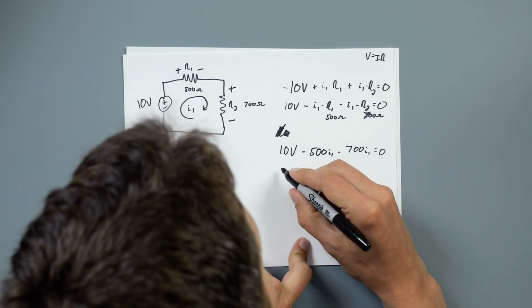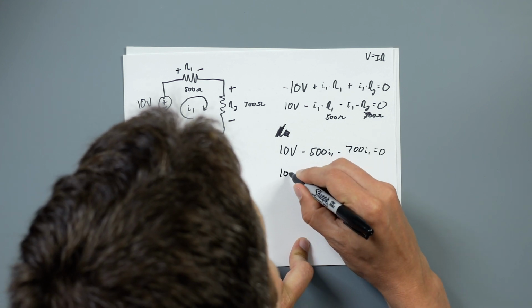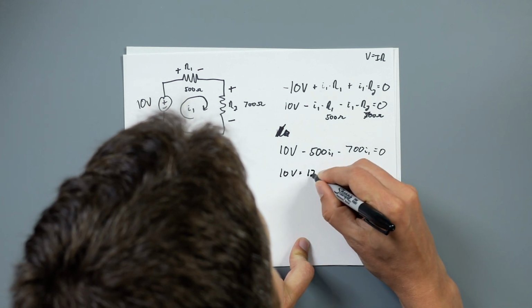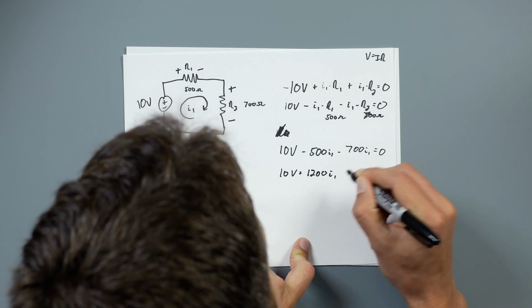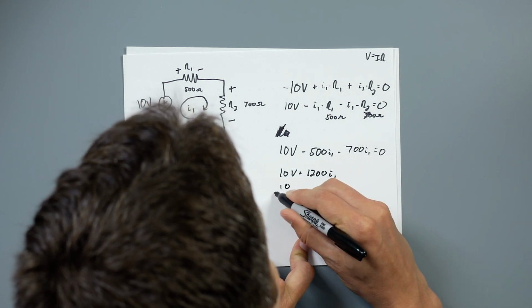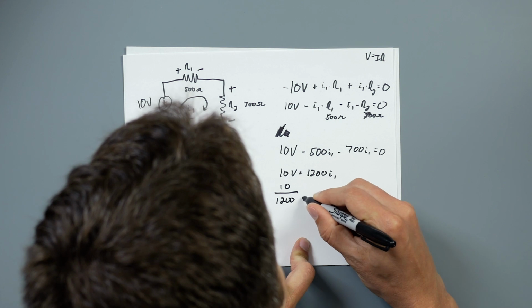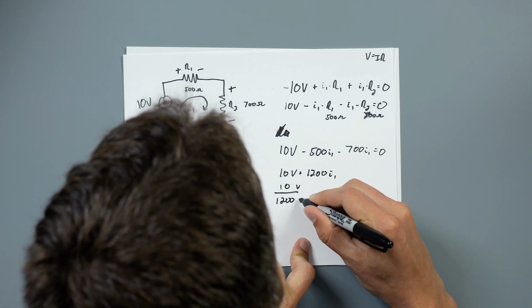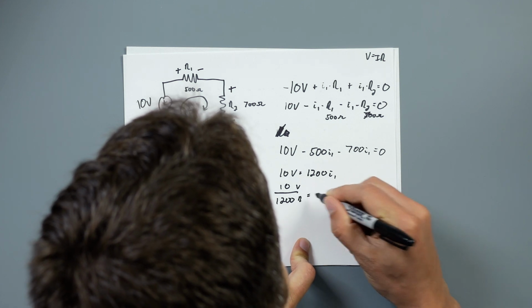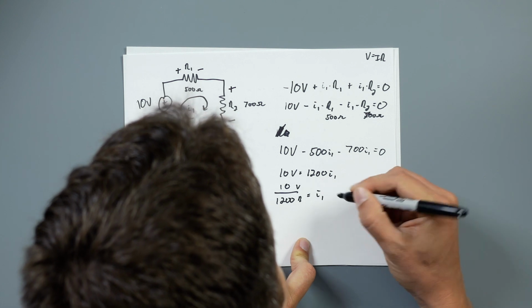So then we can basically just move those over to the other side and say 10 volts equals 1200 I1. And so we have 10 over 1200, volts over resistance, equals I1.